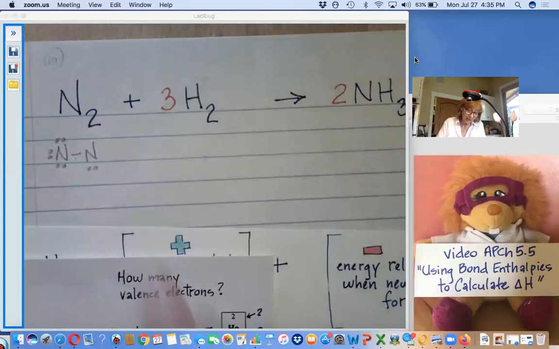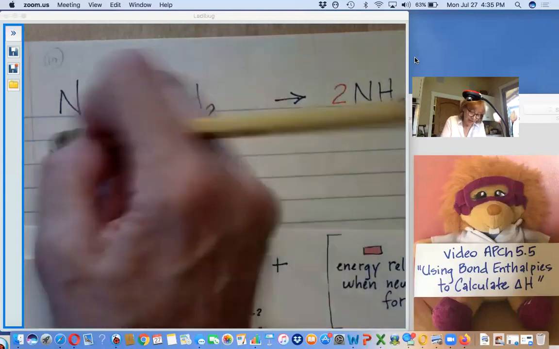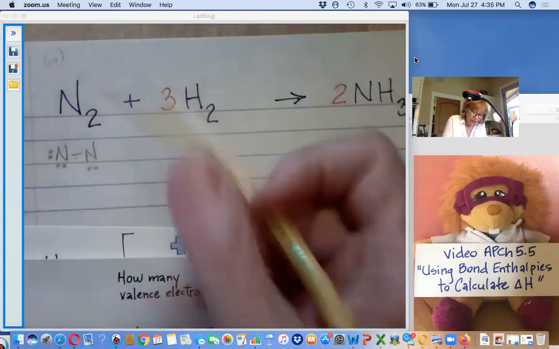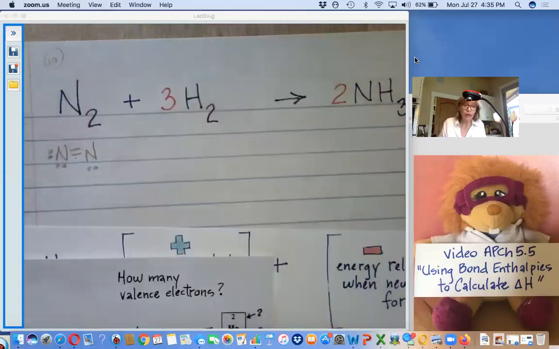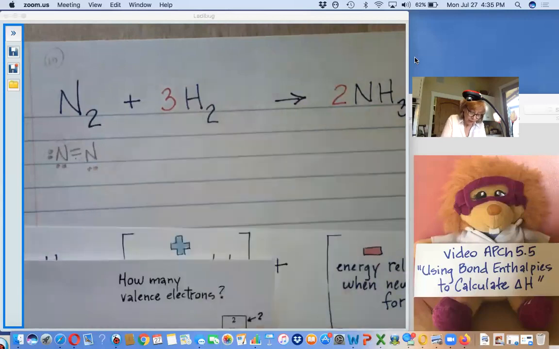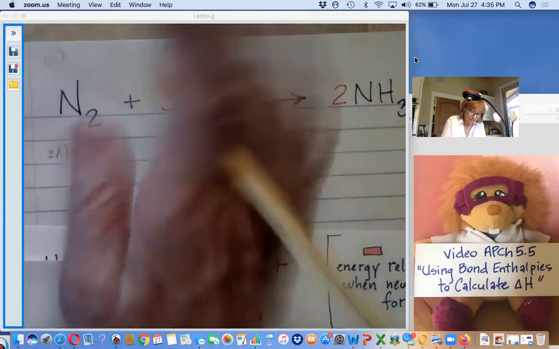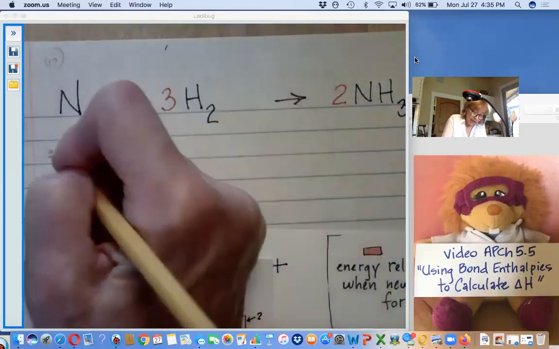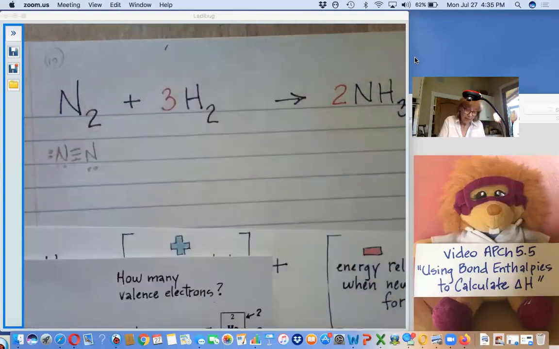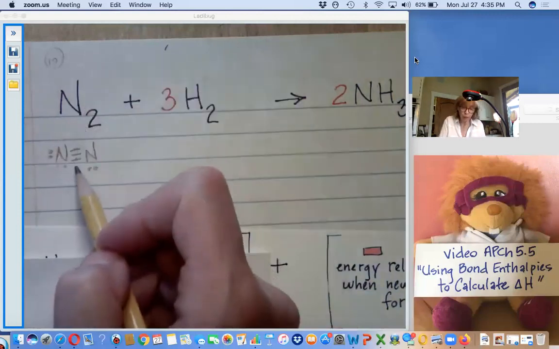I recognize that my second nitrogen doesn't have an octet. So I'm going to change that non-bonding pair to a shared pair. Still don't have an octet here, so I'm going to do it again. And that proves to me that my nitrogen molecule has a triple bond.